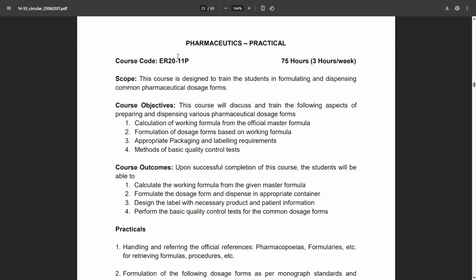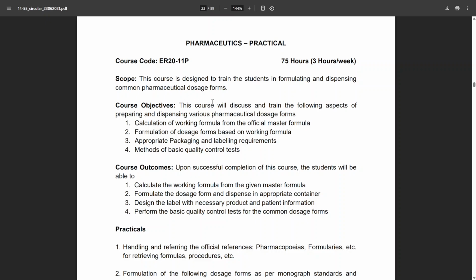Here the course code is given and the hours in which it will be completed by your teacher. Scope. This course is designed to train the student in formulating and dispensing common pharmaceutical dosage forms.